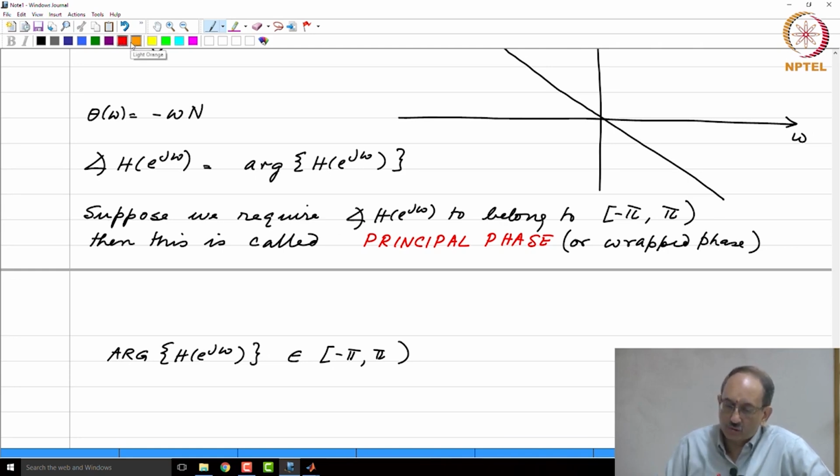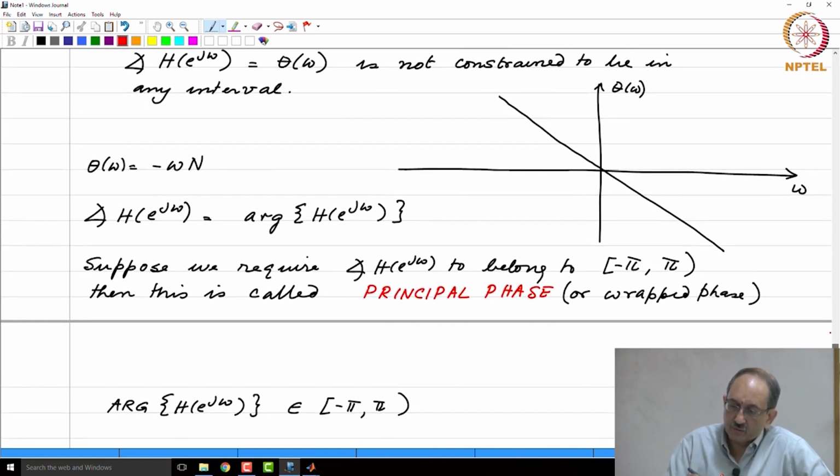Therefore, if you now want to plot the phase response for this particular example, the principal phase, between minus pi and pi, when it becomes more negative than minus pi, you add as many multiples of 2 pi as needed to make the final value lie between minus pi and pi.